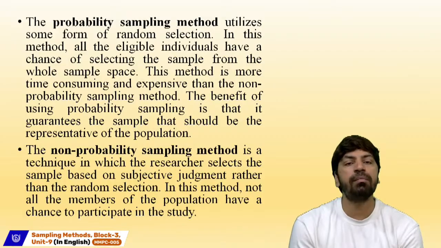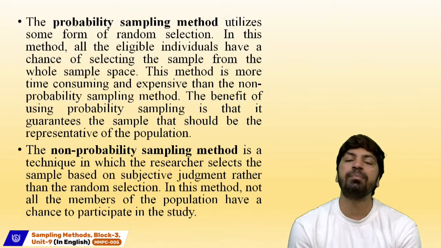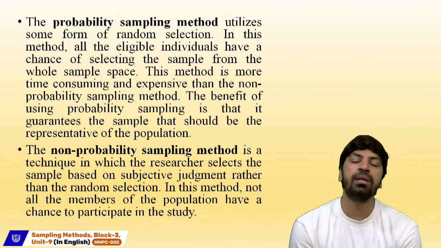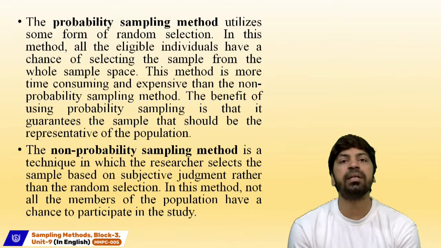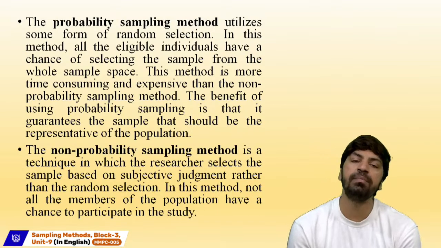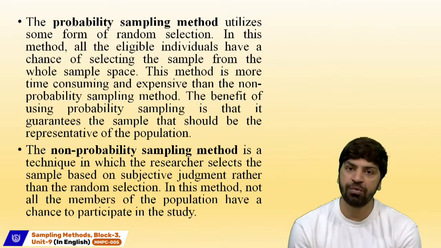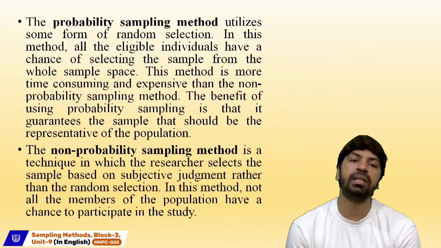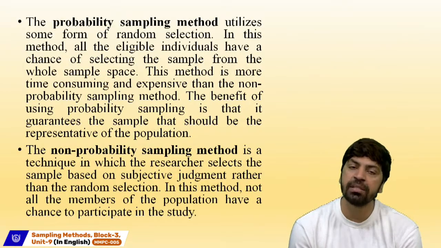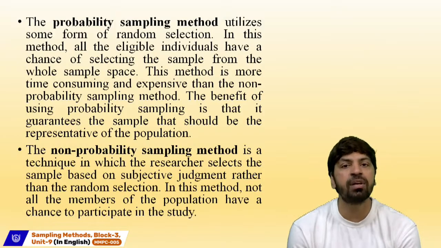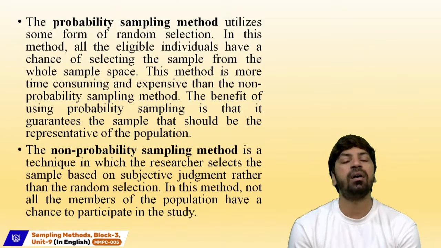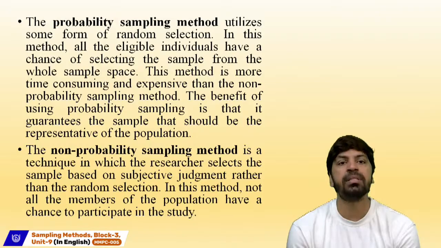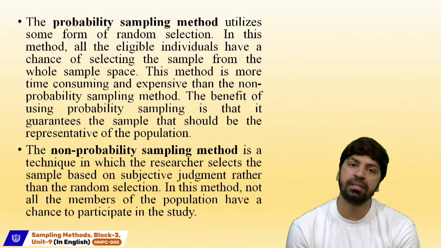So let's talk about the methods of sampling. The probability sampling method refers to some form of random selection of individuals. In this particular method, all the eligible individuals have an equal chance of being selected as samples from the whole sample space.